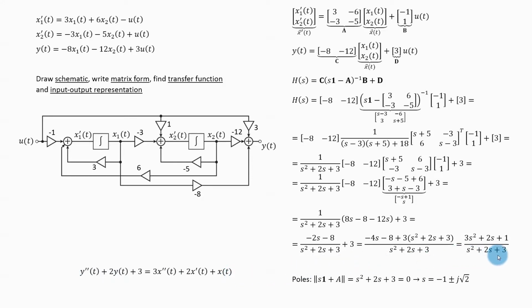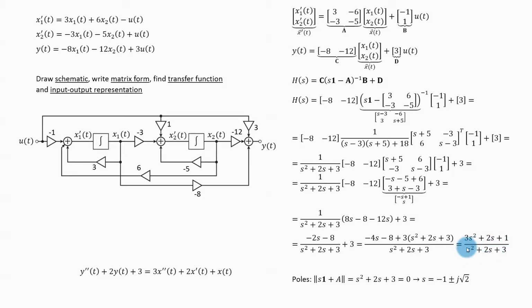Moreover, this example nicely demonstrates that you can compute the poles of this transfer function using the state matrix as the values of S for which the determinant of this matrix is equal to 0. Why is that? The poles of the transfer function are the values of S for which this denominator is equal to 0.